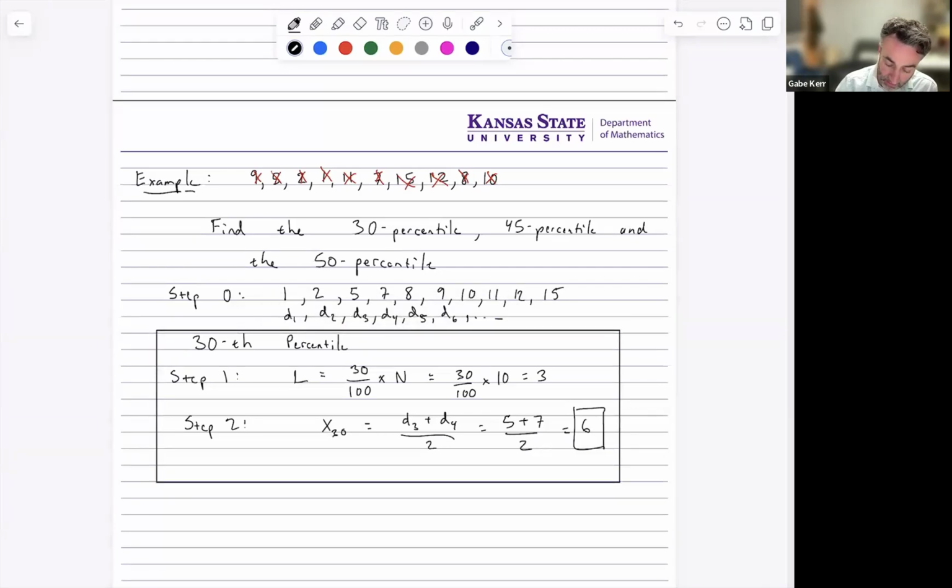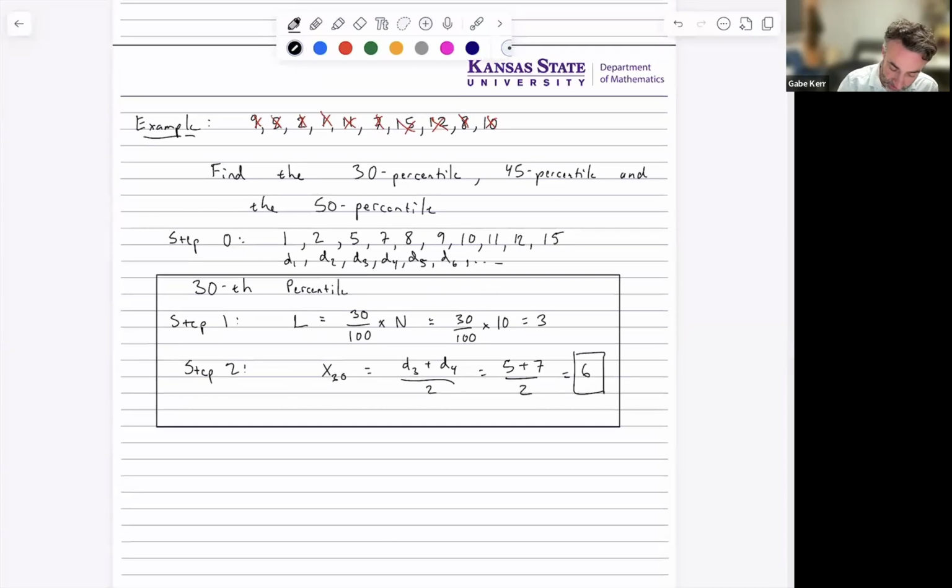And now we need to do the 45th percentile case. Let's take a look. Again, we go ahead and compute the locator. Step 1, L is equal to 45 over 100 times 10, which is equal to 4.5. So in this case, our locator is not an integer.